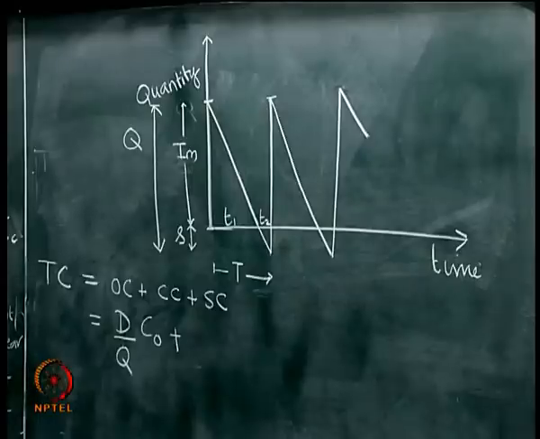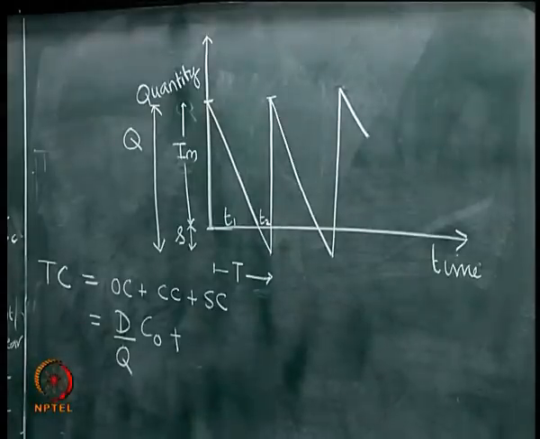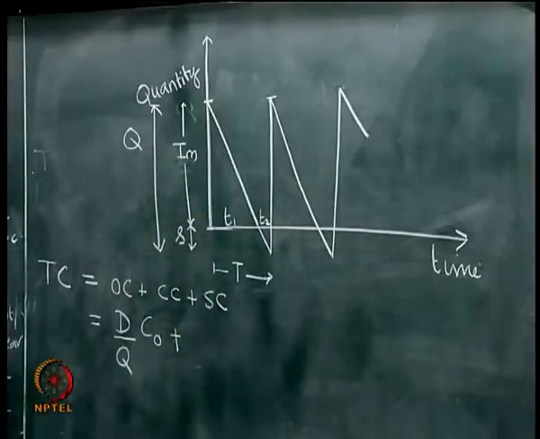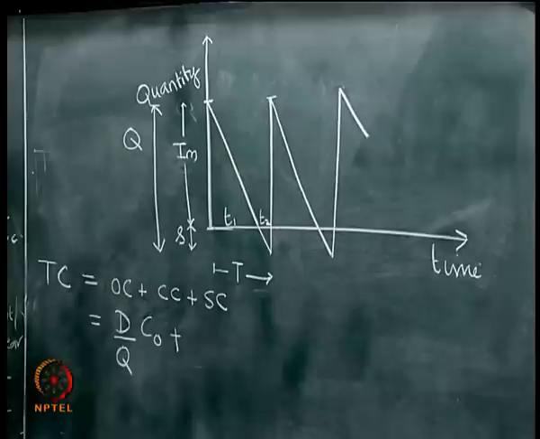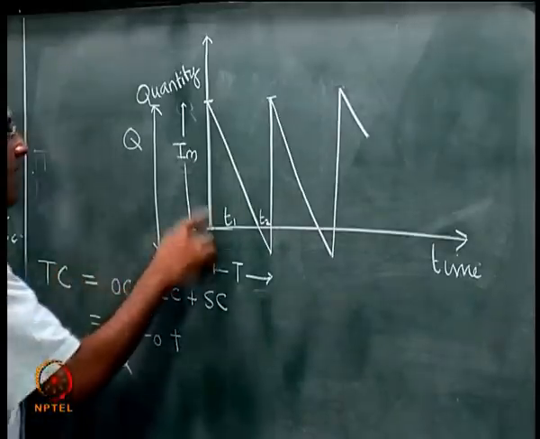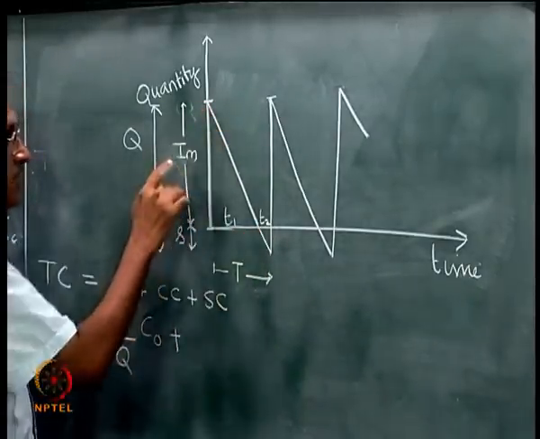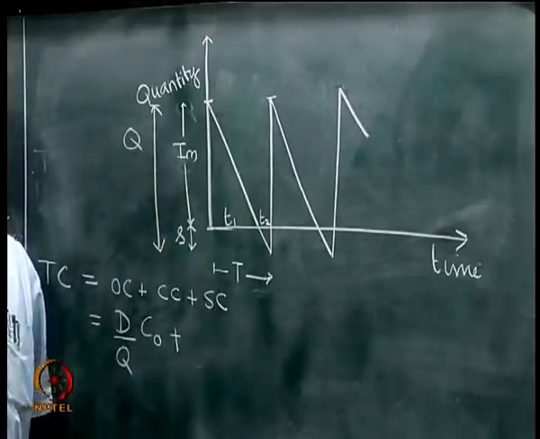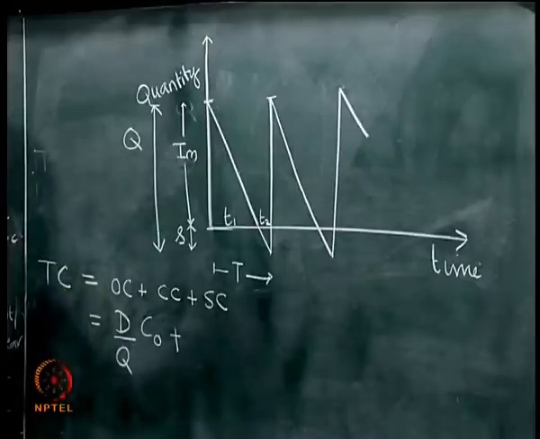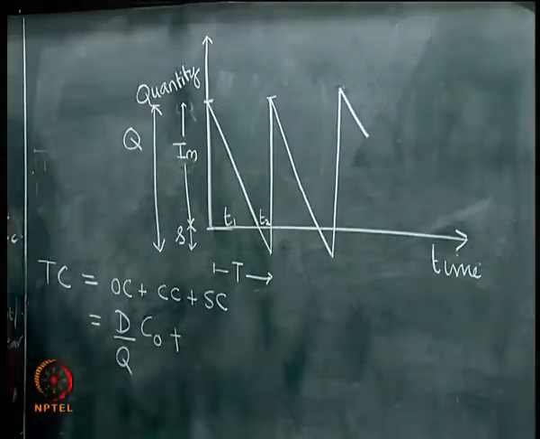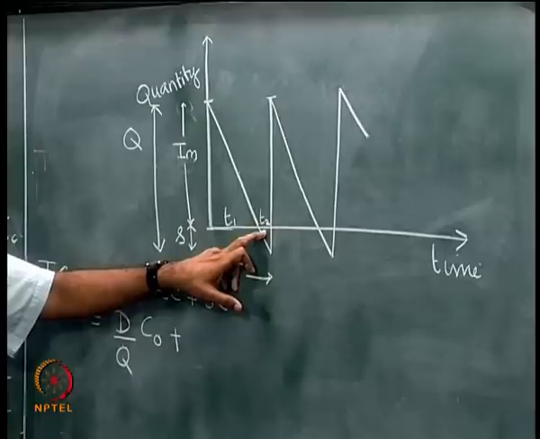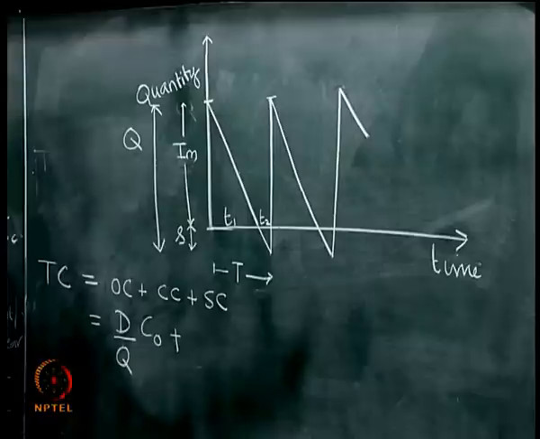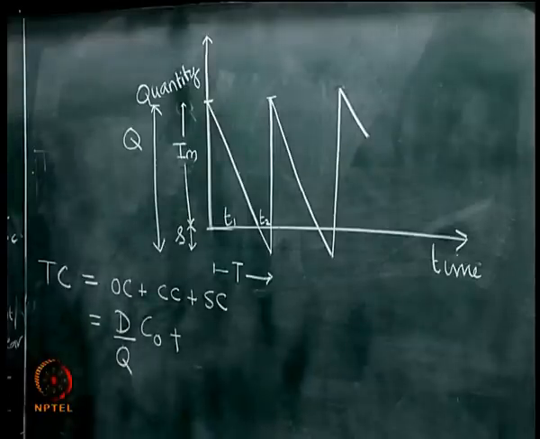If we take any cycle, say a cycle like this, the total inventory that we hold in that cycle is the area under this curve, which is half into Im into T1. So this much inventory is held for a period T1 in the cycle, and this is the back order part of the cycle, so there is no inventory held. So 0 inventory is held for a period T2.